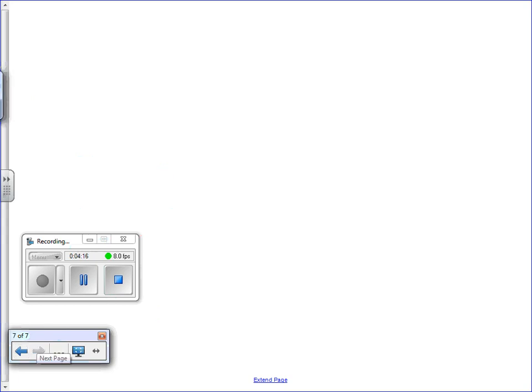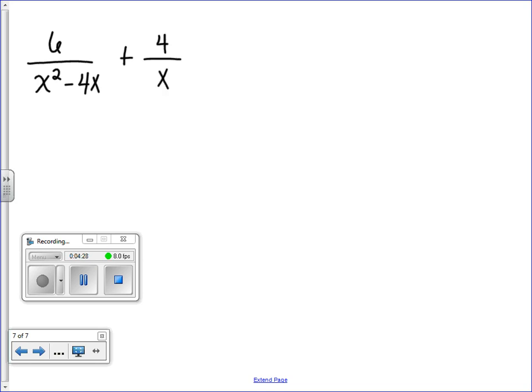But this problem, you're going to see, has more than one thing in the denominator. Okay. I'm going to pause a second and let you get this together. We're going to solve the same problem, but we're going to solve it 2 different ways. And you can pick your favorite.